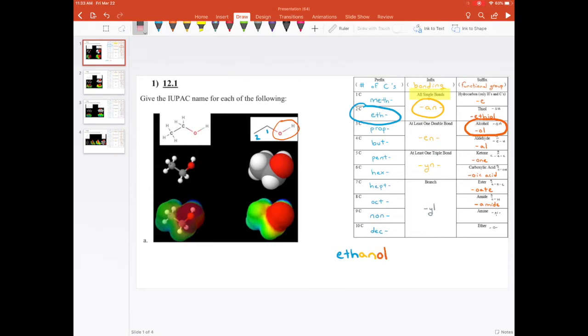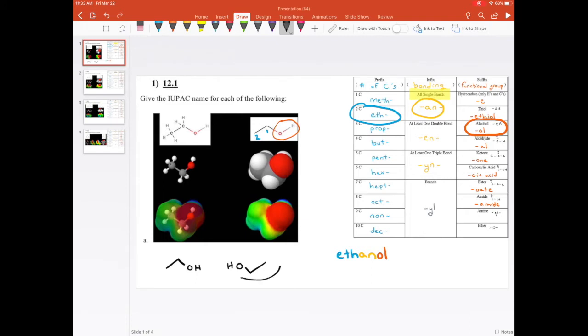Now, you would normally want to give a number to say where the OH is attaching to the backbone. But in this case, whether you put the OH on the carbon on the right, or on the carbon on the left, these are both the same molecule.